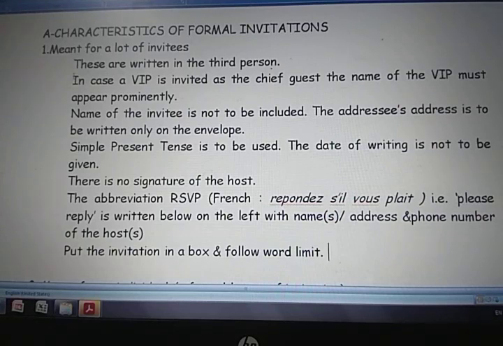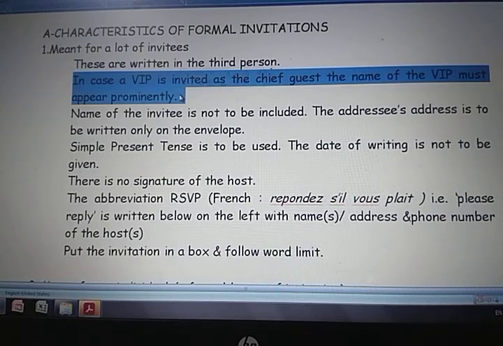Clear? In order to attract many number of invitees, you should not forget to mention the name of the VIP invited as chief guest. You should not forget to mention that.